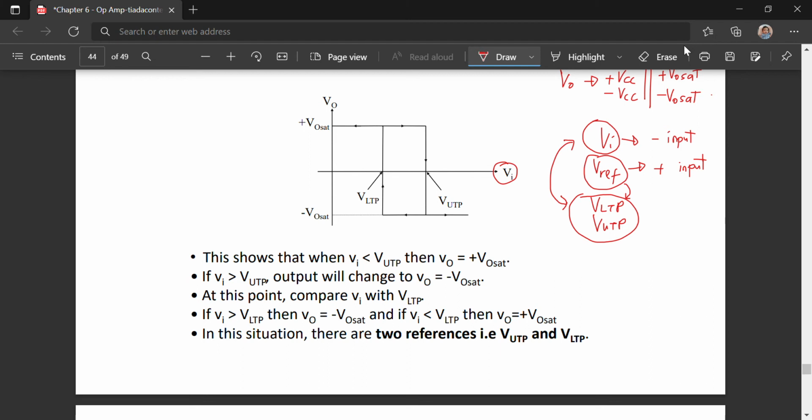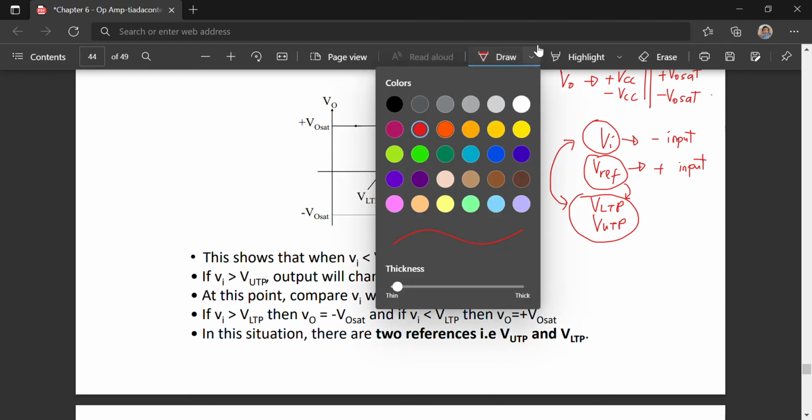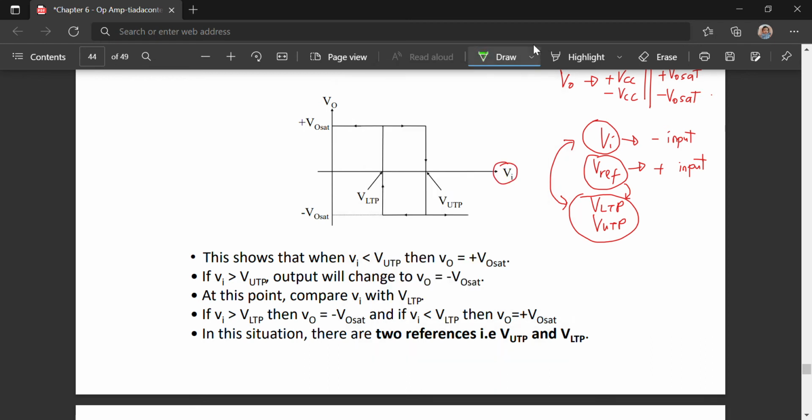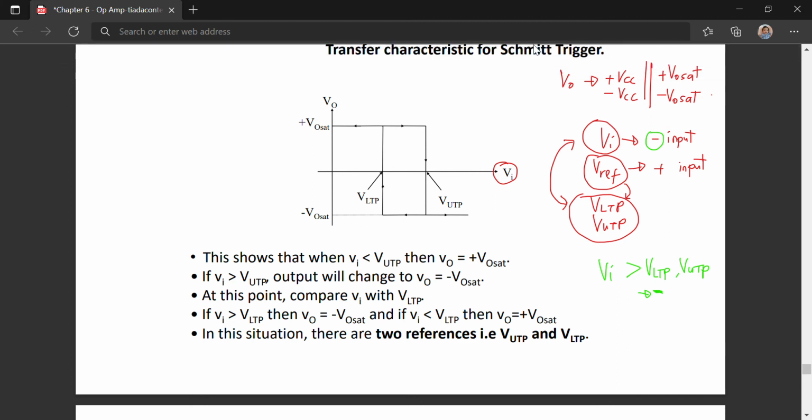Here your V input is connected to the negative part, negative part over here. Therefore, if VIN is greater than VLTP or VUTP, the output will be negative.